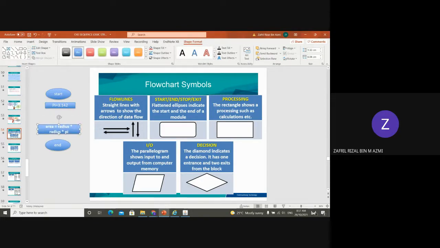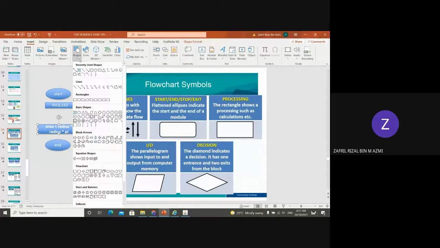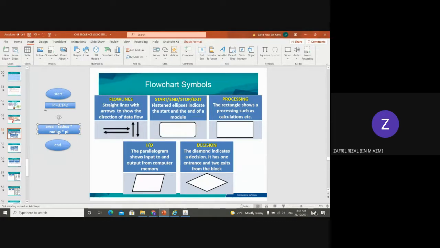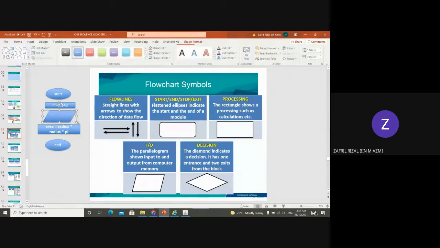So this is the parallelogram for input or output. Both we use this. So how do we differentiate which one is input and output if it is using the same symbol, kan? Okay. Right. So how to differentiate? Okay. By using the keyword. Okay. For example, for radius, kan?